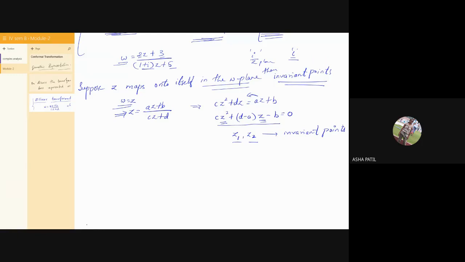So if you solve this, write this: you can write the roots of the equation, I'll call it equation 1, say z1, z2, are defined as the invariant points.